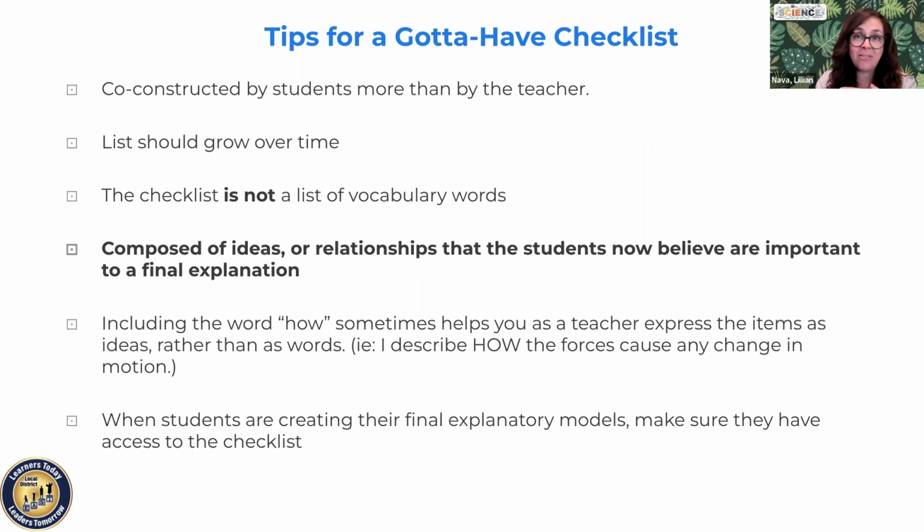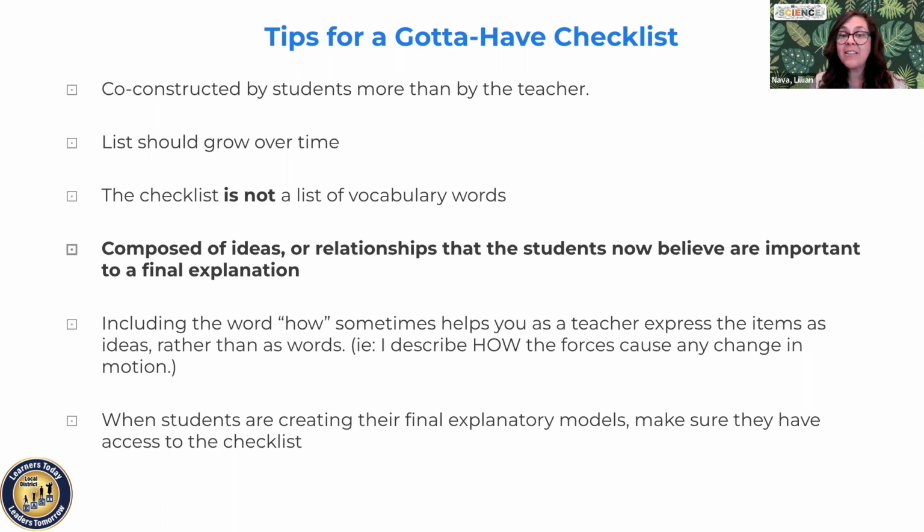Have students generate that with your guidance. Again, this list should grow over the course of the unit. It should be composed of ideas or relationships that students now believe are important to be in the explanation. Including the word how sometimes helps you as a teacher to express the items as ideas rather than words.